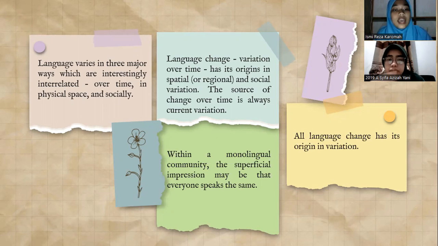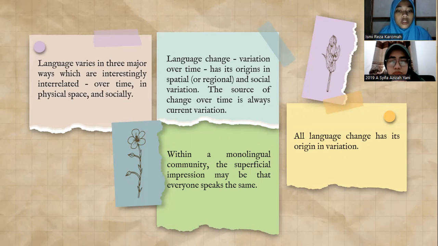All language change has its origin in variation. The possibility of linguistic change exists as soon as a new form develops and begins to be used alongside an existing form. If the new form spreads, the change is in progress. If it eventually displaces the old form, the change has become a fait accompli.